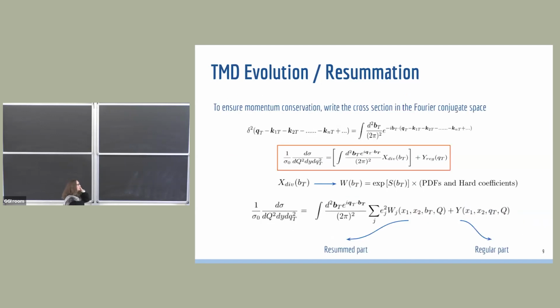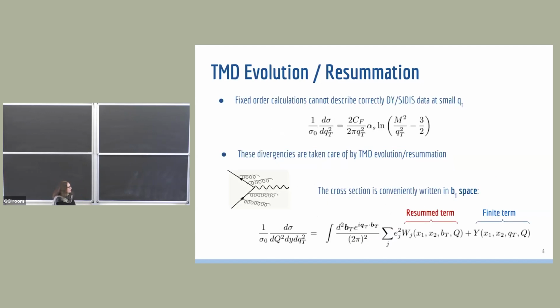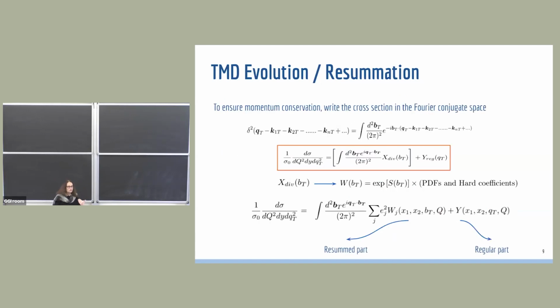Now, how do you get to this form here? The first thing you have to do is to Fourier transform into the QT conjugate space. And I've already told you yesterday, why do you do that? Why do you make your life so complicated? You have to do Fourier transforms all the time. Well, you do that because when you take into account the radiation of subsequent gluons, you have to conserve momentum in each and every vertex, for each and every radiation.